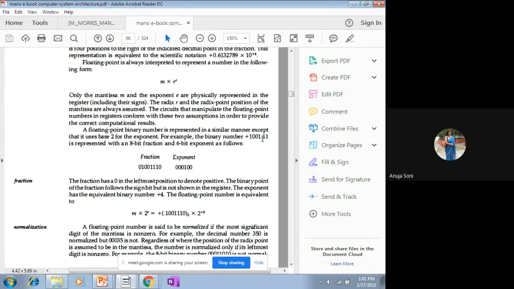Those many digits are there on the left hand side: 1, 2, 3, 4. You have to make it the power of r. 4 is there, so r raised to power 4, and in binary it will be 100. But here it is written that the exponent should be stored in 6-bit capacity, so the preceding positions will be filled with zeros in order to make it the size of 6 bits.